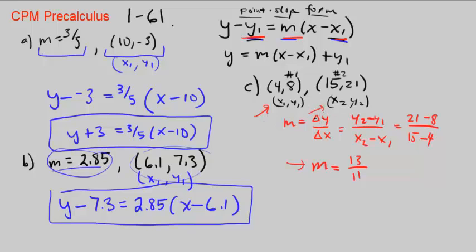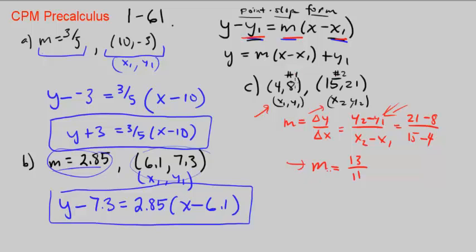You can choose to use either point. It doesn't matter anymore that this is number 1 and this is number 2; we only used that to find the slope. No matter which way you choose, it's going to be exactly the same line.